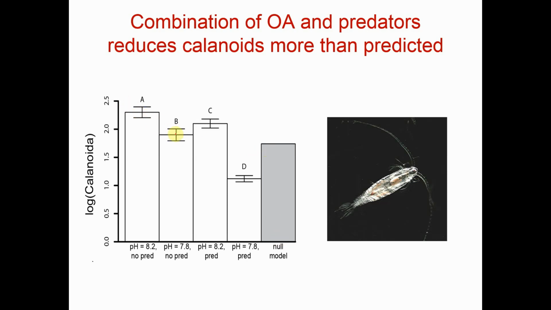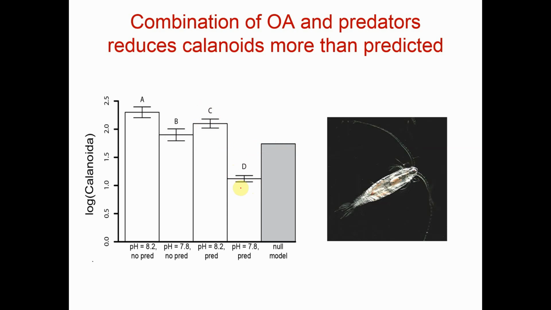So this is increased acidity. This is adding a predator. This bar here tells us where we'd expect the copepods to be if these two effects were just additive. So if this and this were operating independently, we would expect the abundance of copepods to be here. But what we actually see is in the situation where we've got both predators and ocean acidification, the number of copepods drops much lower than what we'd expect.